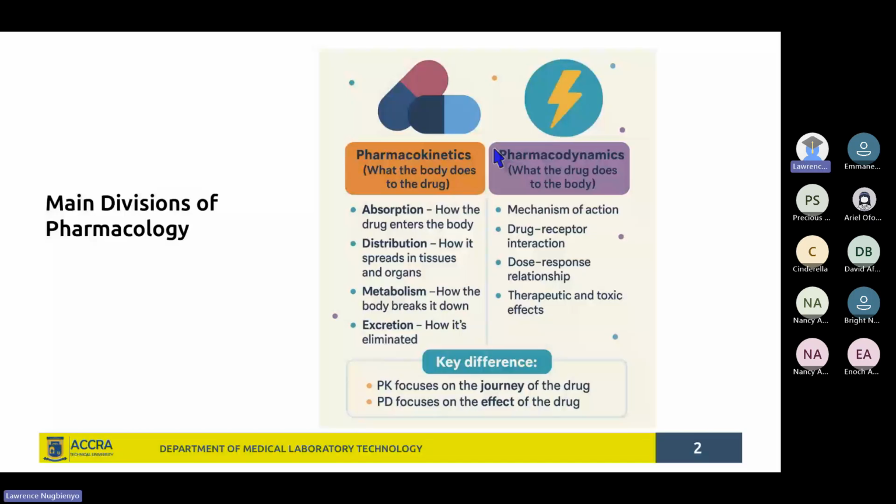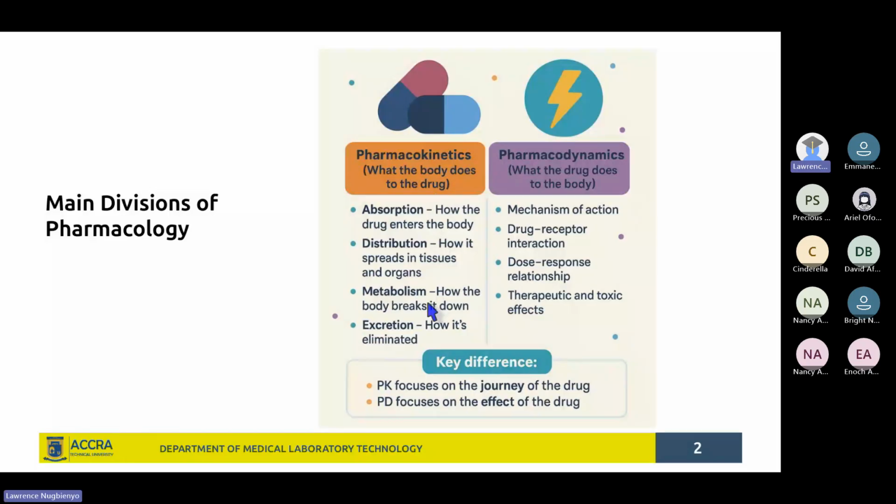How does the body act on these drugs? And these processes are divided into 4 main stages, which are absorption, distribution, metabolism, and excretion.